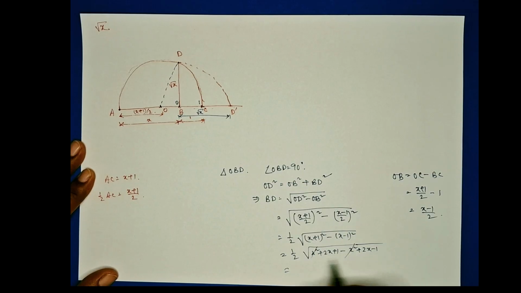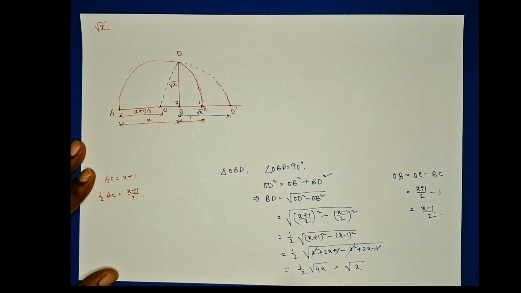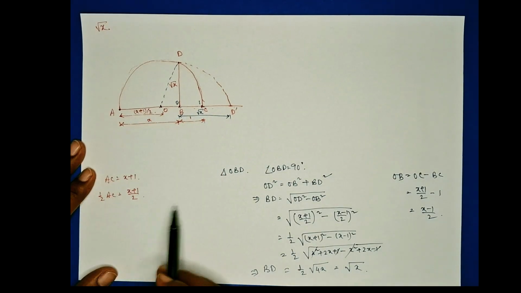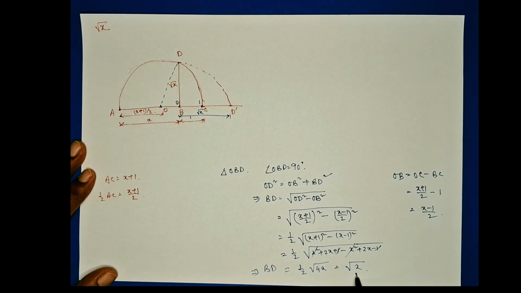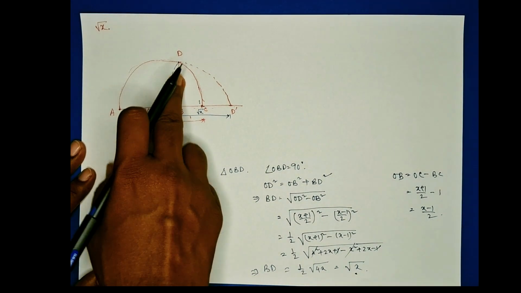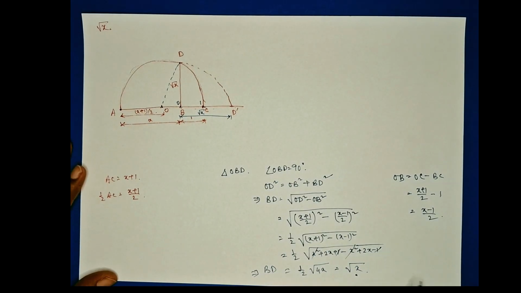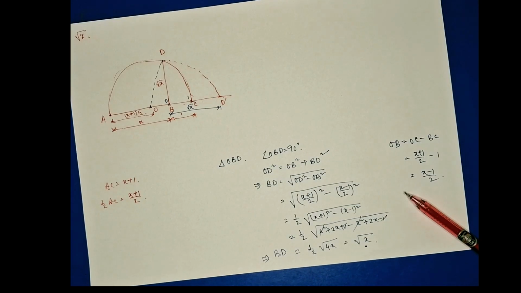So ultimately this will be BD. So by Pythagoras theorem also we can prove that BD is equal to square root of x. So this method is also correct, that we can say.